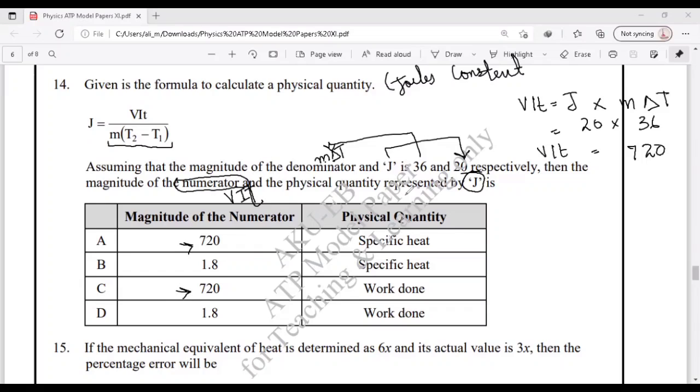And simultaneously we have to identify the quantity that is represented by J. So as I have mentioned, this J is actually Joule's constant. So as its name represents, this could be the dimensions of joules or energy.